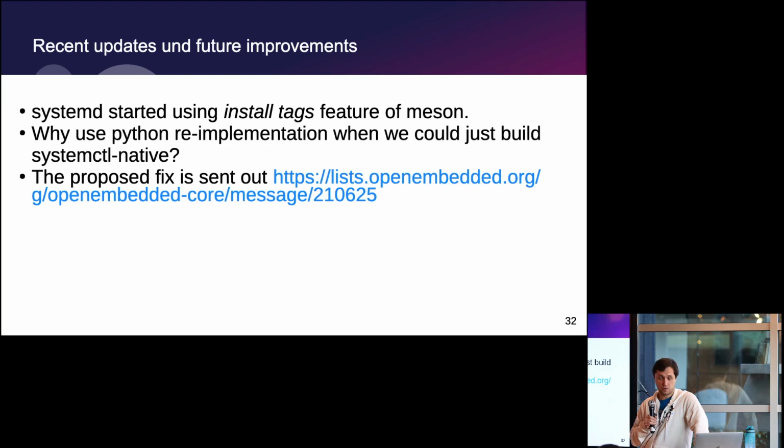No Python script anymore, no reimplementation, and always in sync with the upstream. Let's see if you like it. The one catch here is that we had to extend the BitBake configuration because the native systemd build requires the getent utility from libc-utils, so that's the only catch.